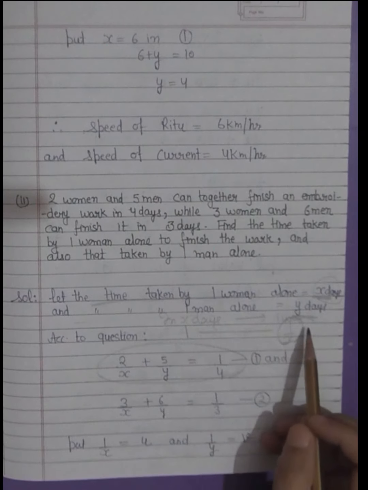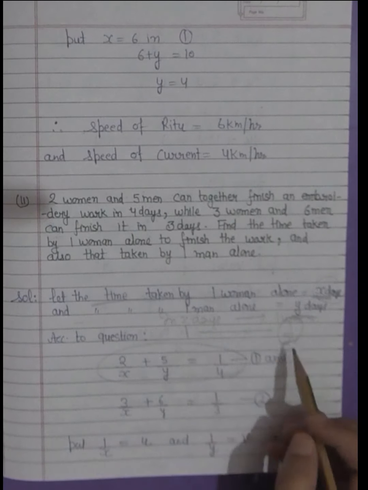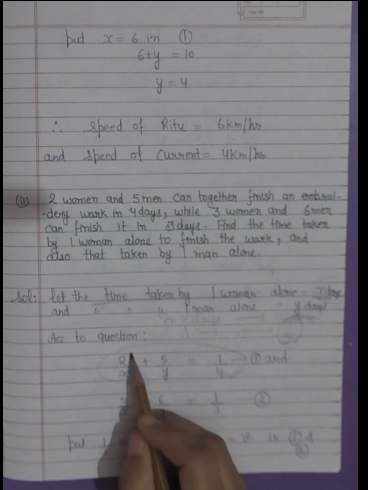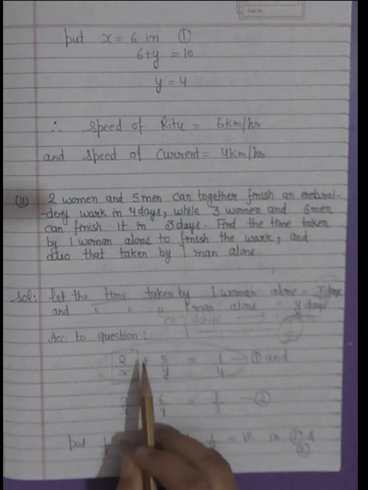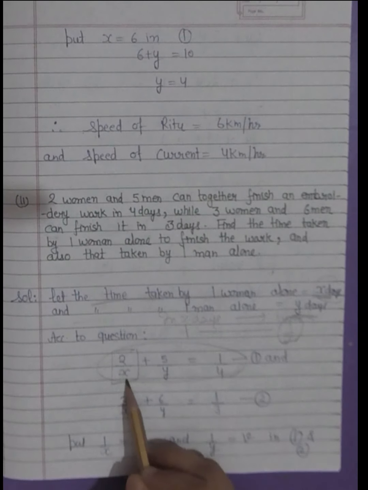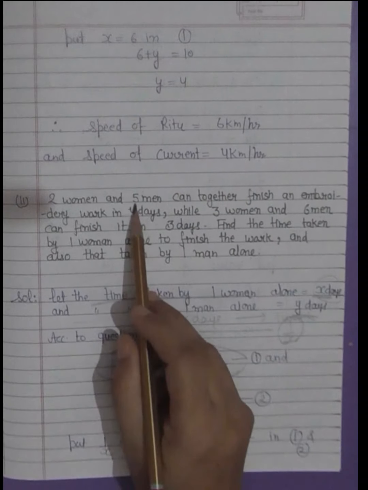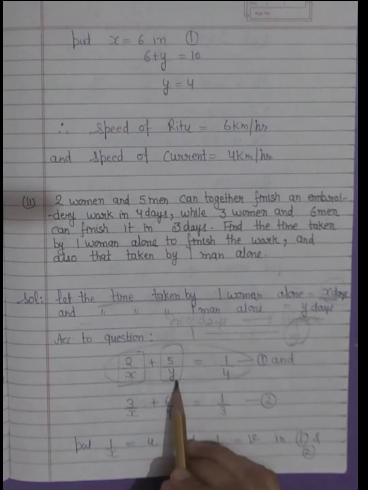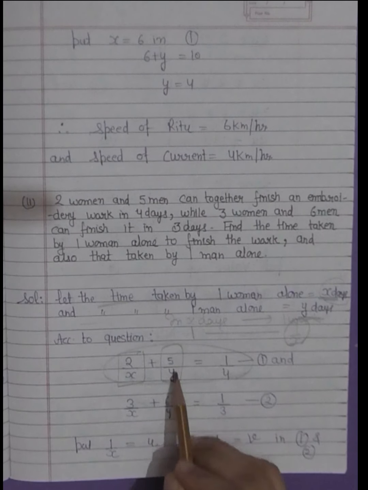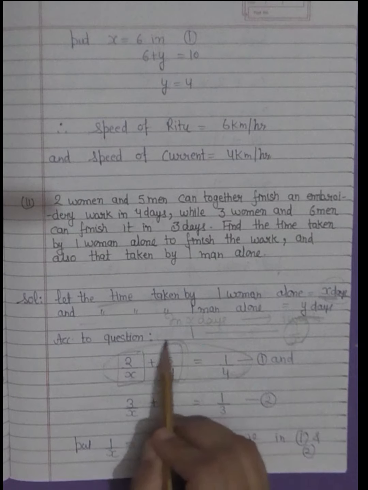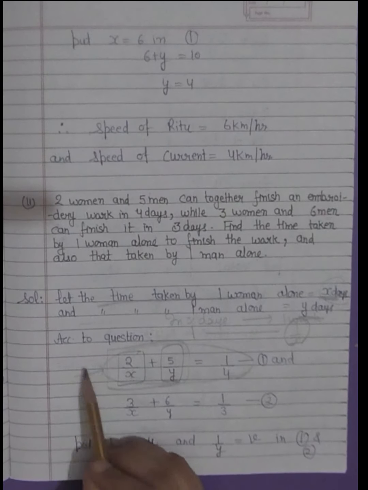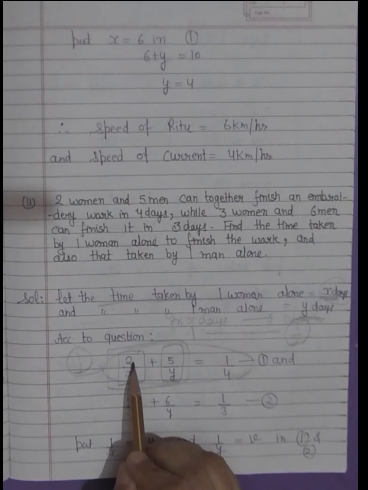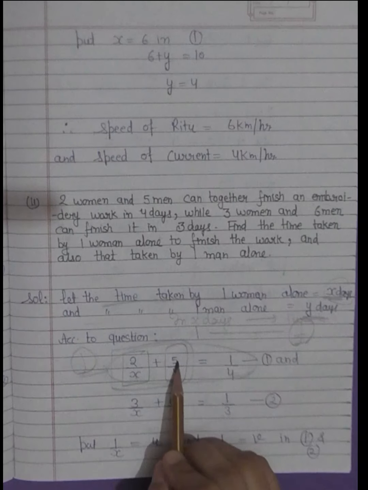So, the 2 women will do the work in one day as 2 by x. Actually, this is the work done by the 2 women. Similarly, there are 5 men. So, the work done by 5 men in one day is 5 by y. This is the combined work of one day of 2 women and 5 men.